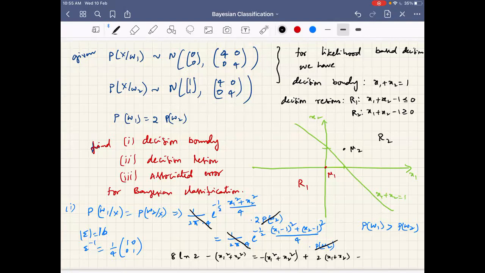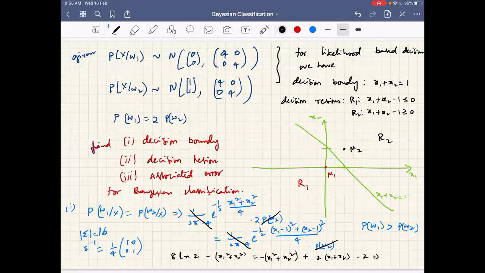My simplification may or may not be correct. Minus 2. Just check if this is correct.